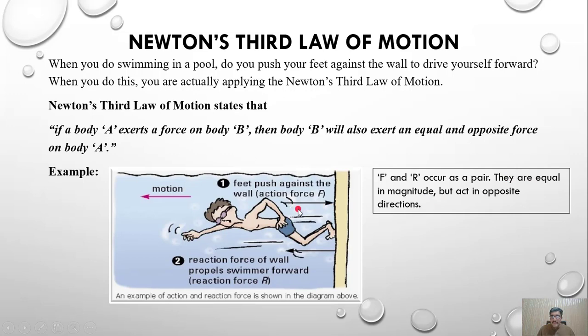If force F has some amount, this reaction force R has the same amount, but they act in opposite directions. So this is your Newton's third law of motion. If there is action, then reaction will also occur.